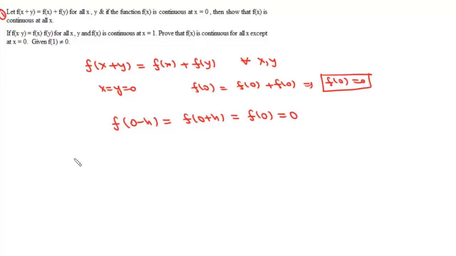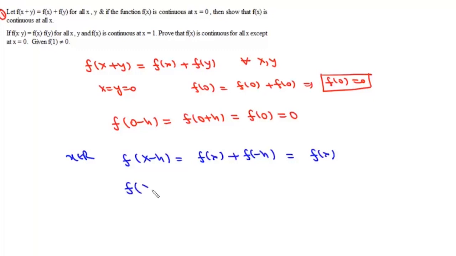Now if we take any x belongs to R, then the left hand limit at any x will be f(x minus h). Now it is given that f(x plus y) is f(x) plus f(y). So we can write this as f(x) plus f(minus h). Now f(minus h) is f(0), which is 0. So it will be equal to f(x).